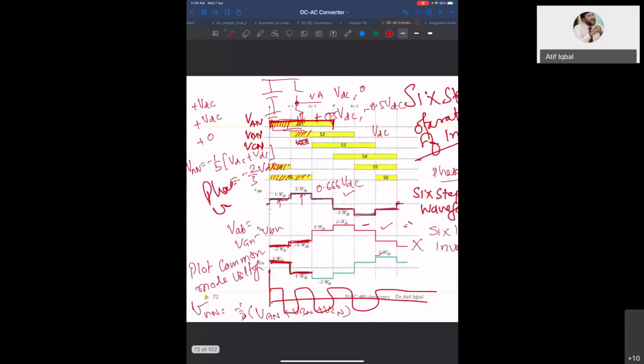So these two are zeros. So we have VDC and then 0 and 0. That means the VNN will be minus of VDC by 3. So this is what you see for the common mode voltage. Please complete for all the 6.